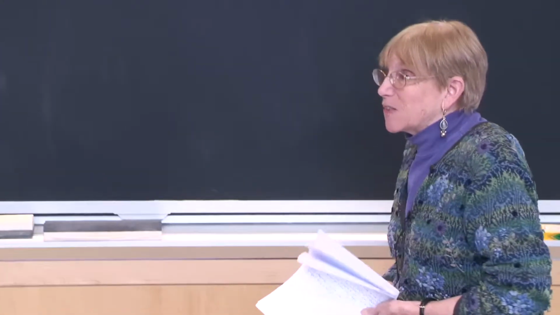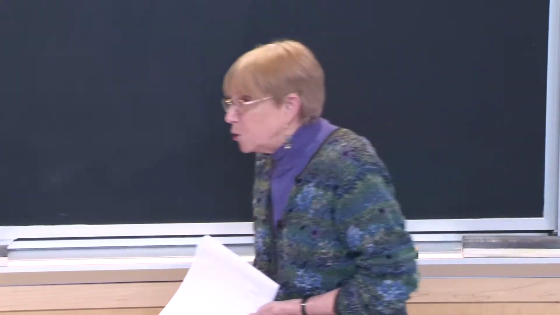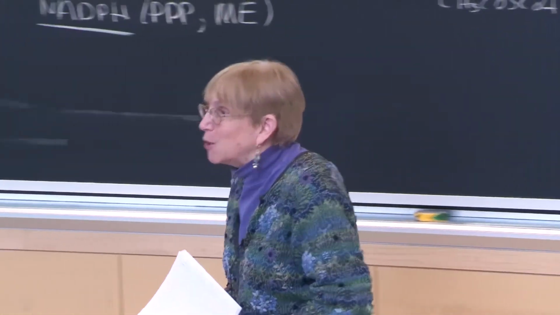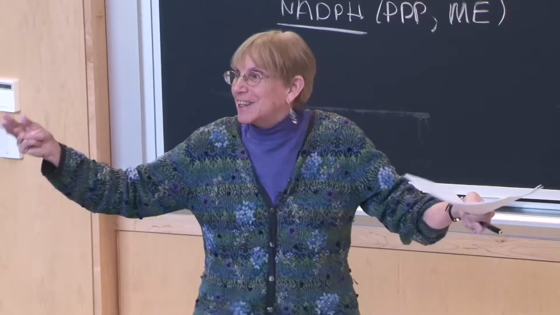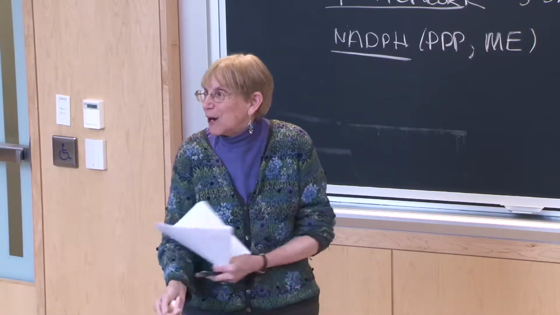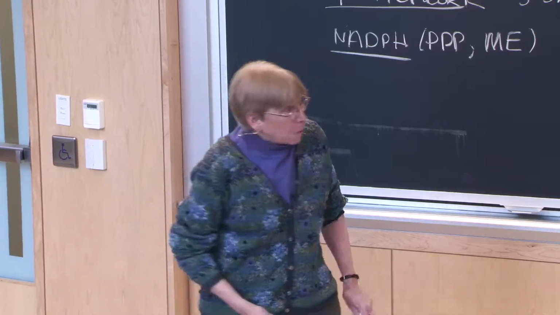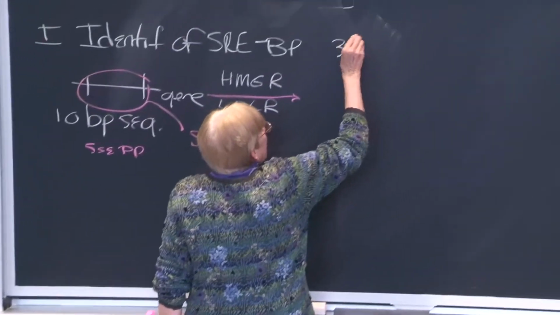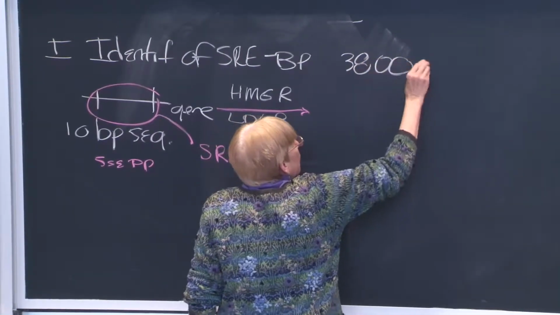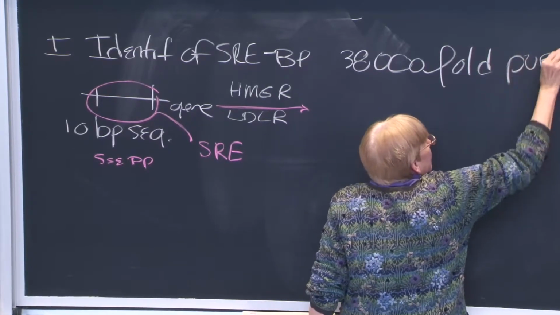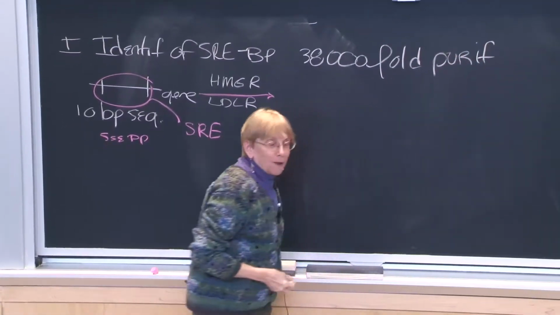And I would argue that some people still need to do that because when you do recombinant expression, lots of times you miss a lot of stuff. So somewhere along the way, somebody needs to really sort of know what the endogenous protein is like and not the recombinant protein. Okay, so we're going to have to do a 38,000-fold purification. And I would say that's not uncommon.